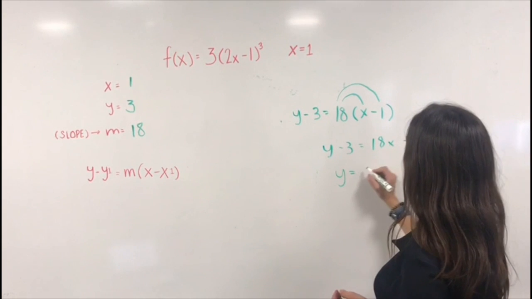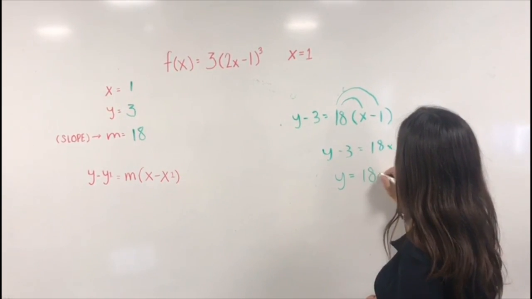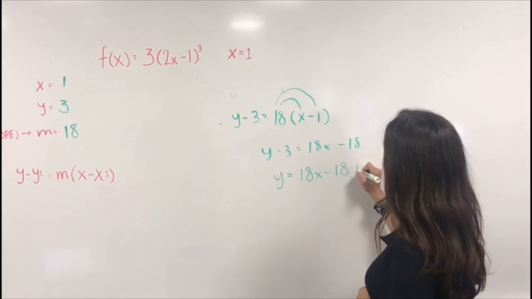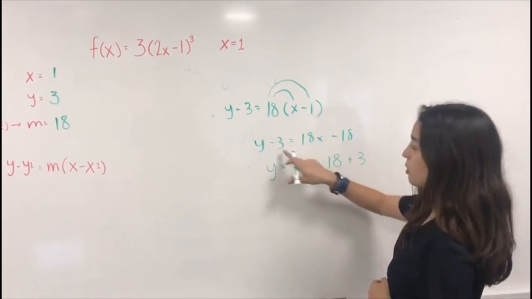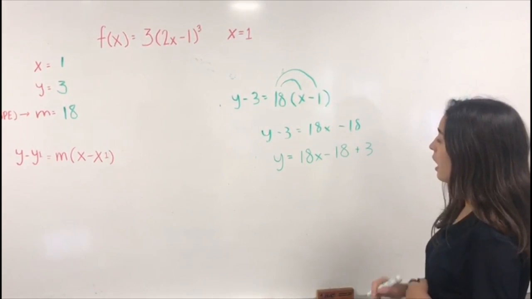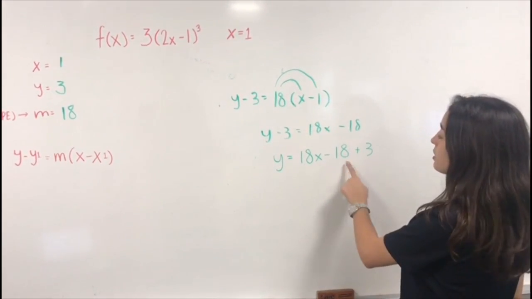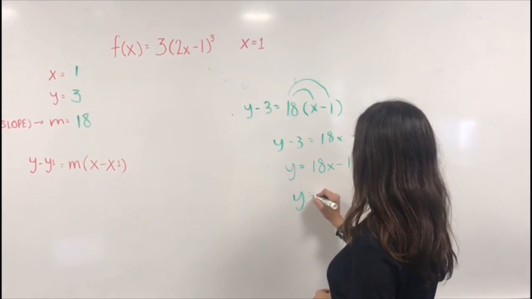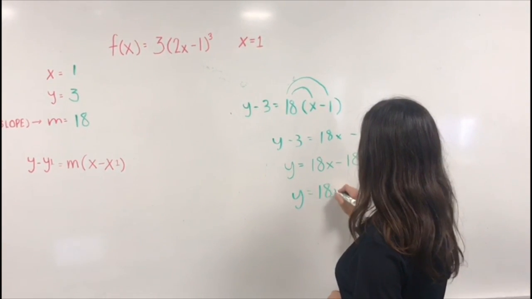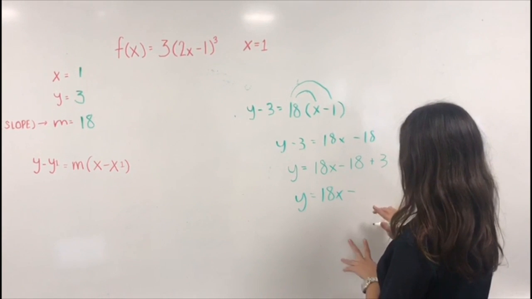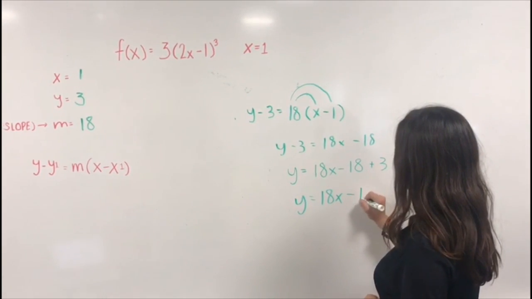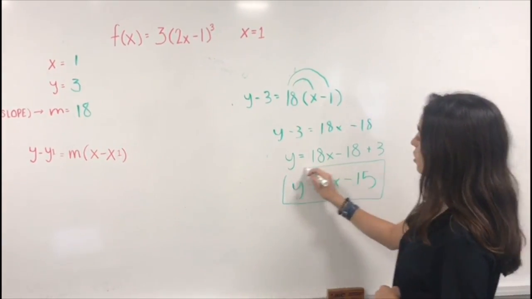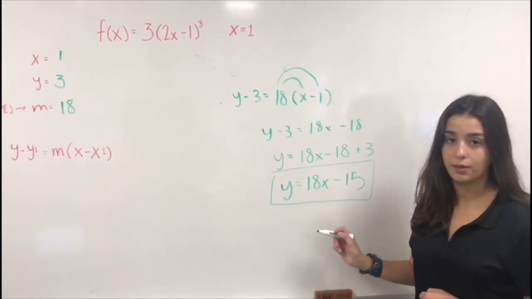So it's y equals 18x minus 18 plus 3, since we pass the 3 to this side. Now you do minus 18 plus 3, which is going to give you y equals 18x minus 15. And this is your tangent line.